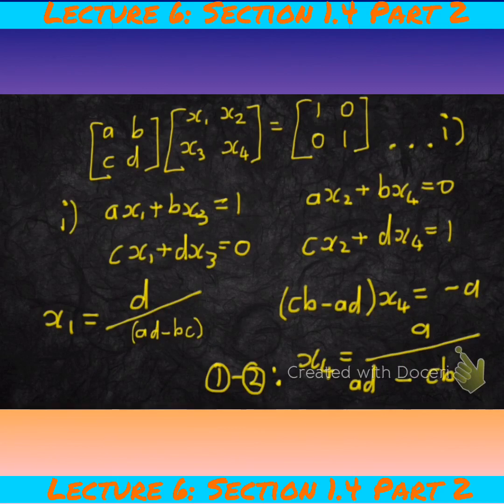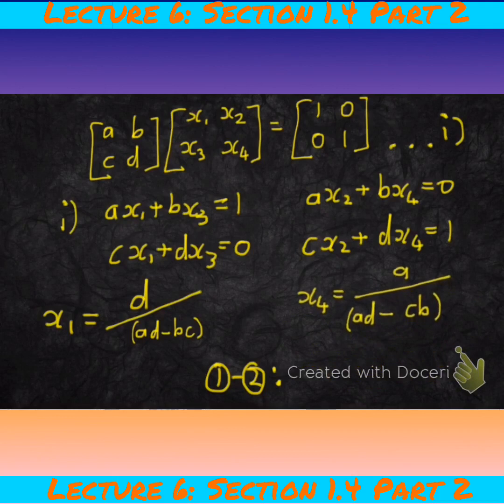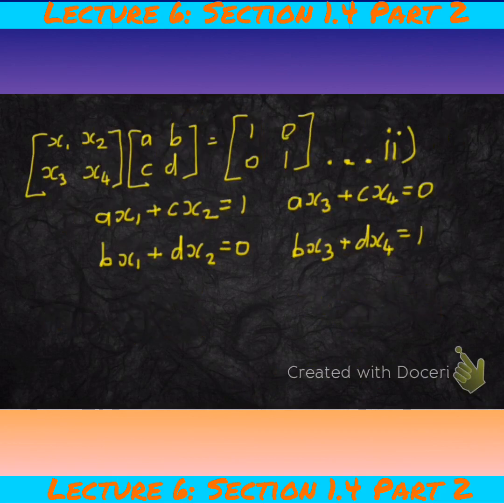So again, we have solved for x4. There we have solved our second variable. Now we just have 2 to solve, and we get that from the other equation. We need to solve x2 and x3.